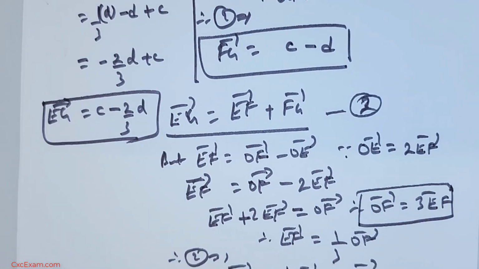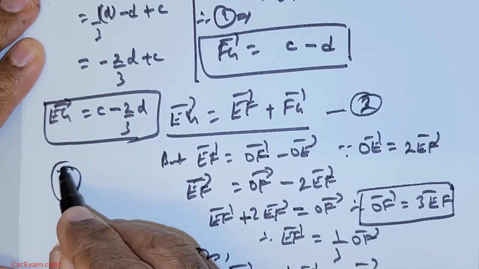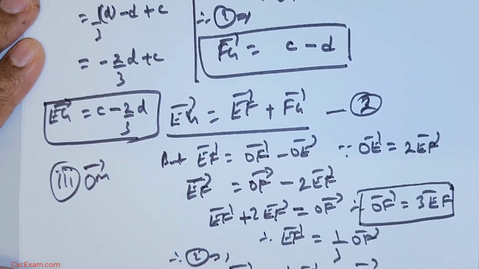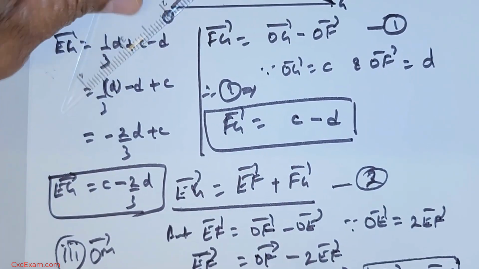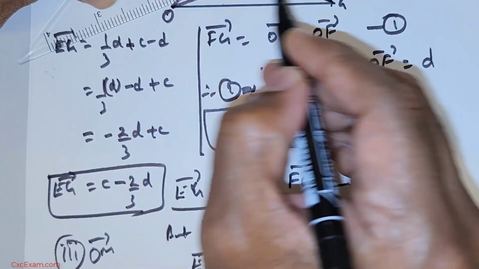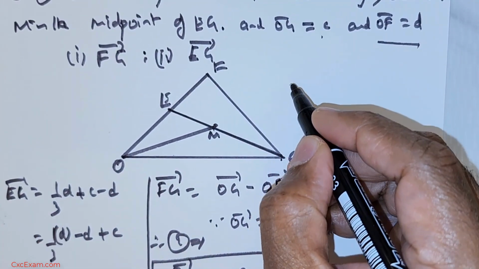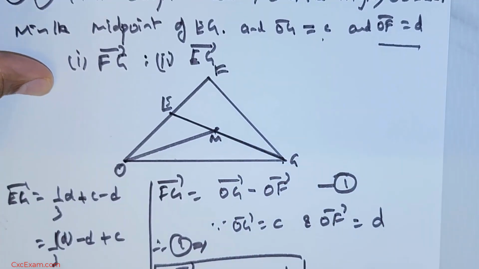Okay, so now we are asked to find, this is the next question, OM vector. Okay, so this is the vector that is being asked. Now M is actually the midpoint of EG.